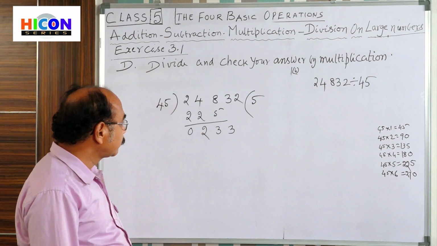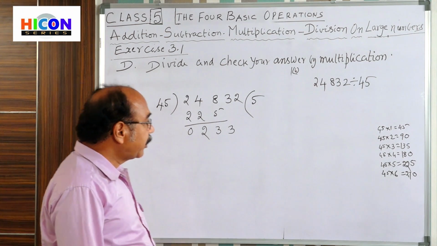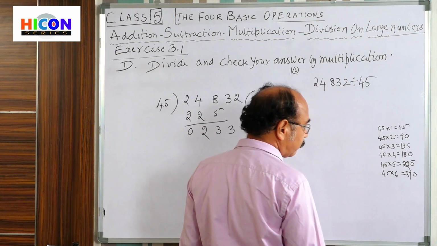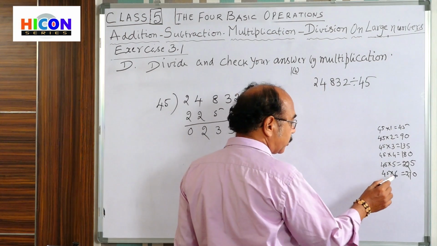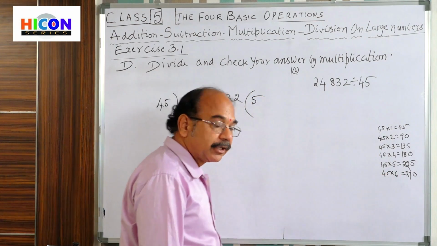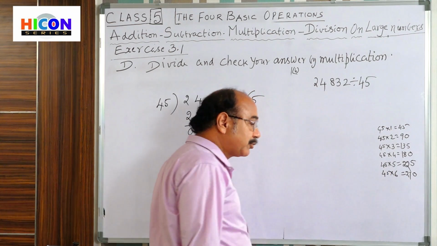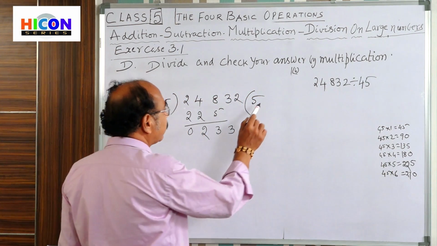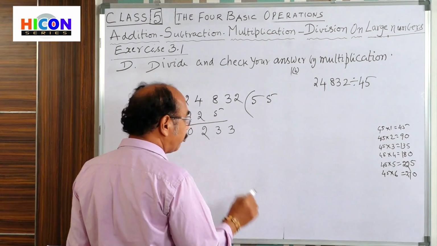233. How many times does 45 go? 5 times means 225, 6 times means 270. So you can decide: 5 times or 6 times? 5 times only. So take 5 times. 45 fives are 225.